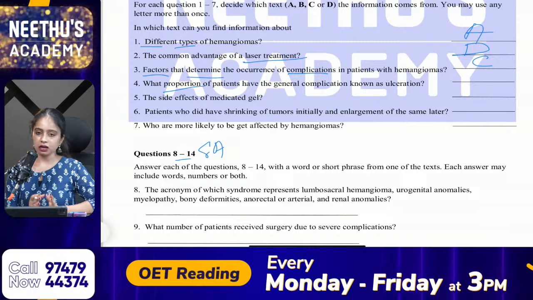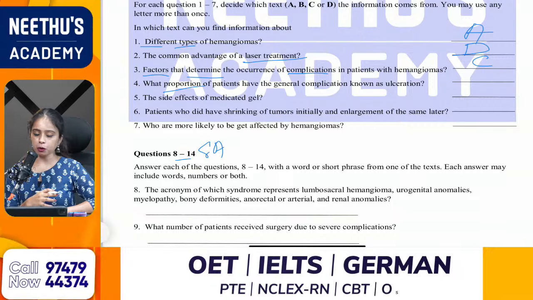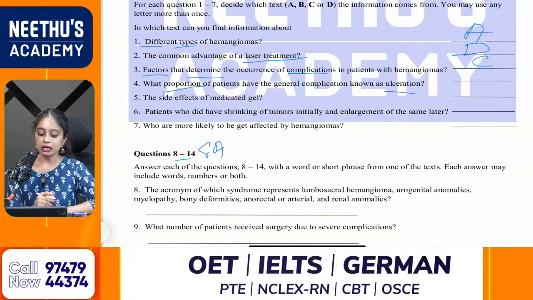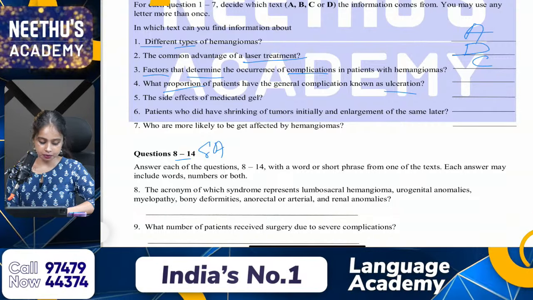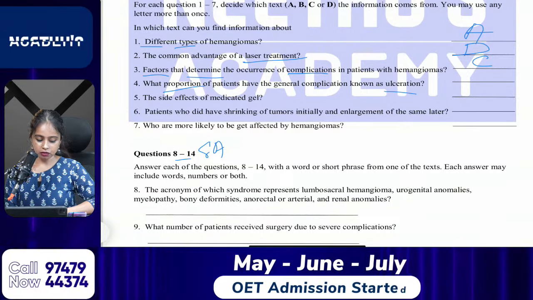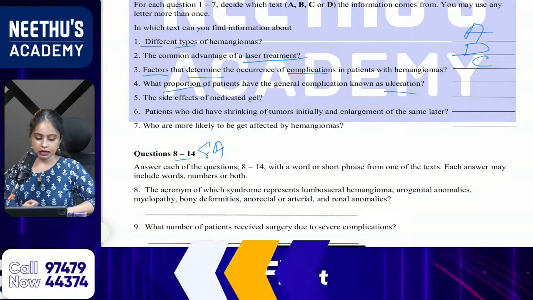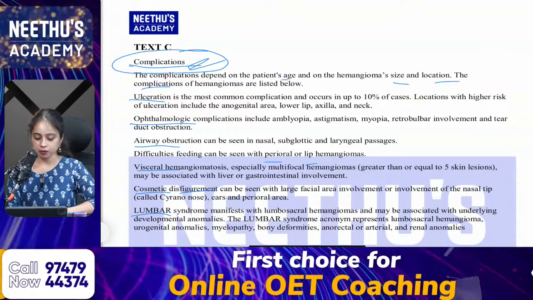So in which text have they mentioned the proportion? What proportion of patients have the general complication known as ulceration? So where have they mentioned it? Fourth one, any idea? Yes, Princey, is your answer text C? Yes, that is from text C. Again, complication is the first keyword.